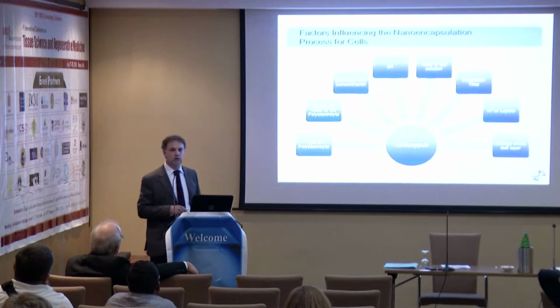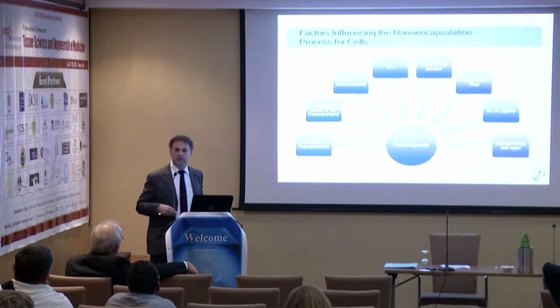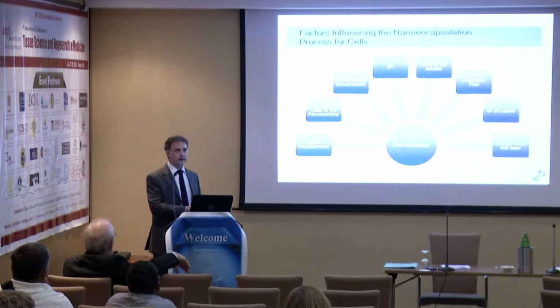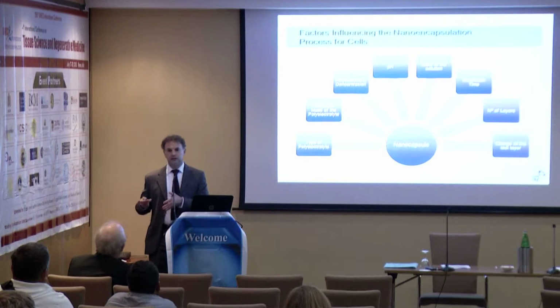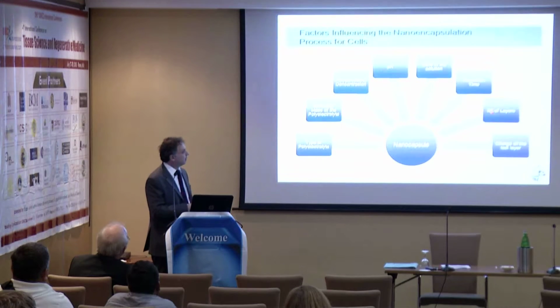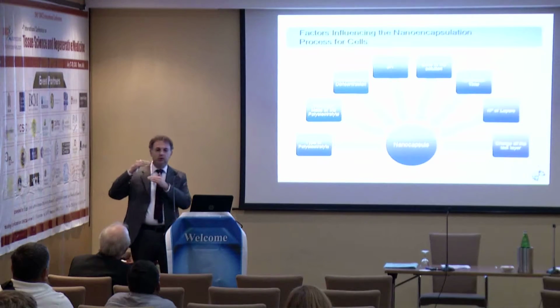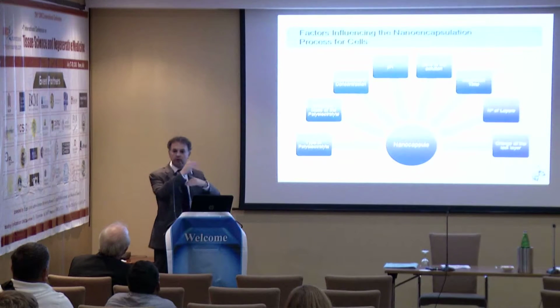Remember that we are working with living cells, so the incubation time is also important, because the cells spend a lot of time outside the medium in which they feel comfortable. Then the number of layers: nanoencapsulation allows you to put a large number of layers, one over another, over the cells.